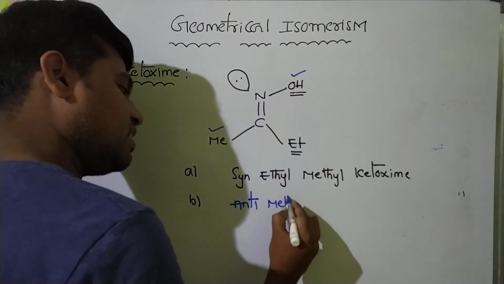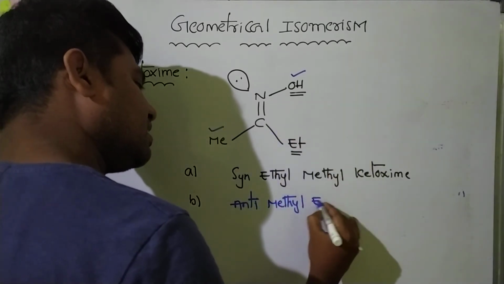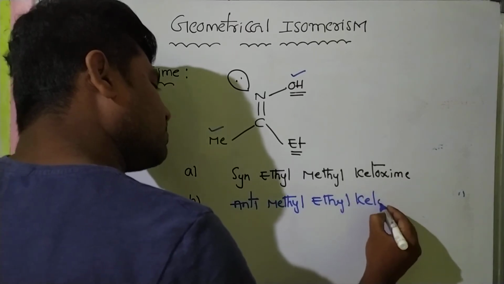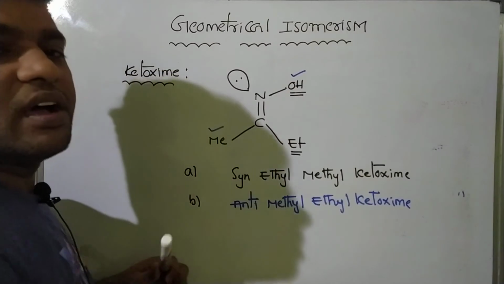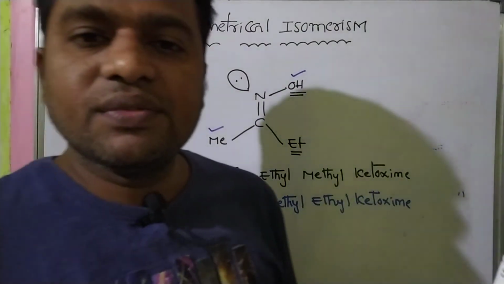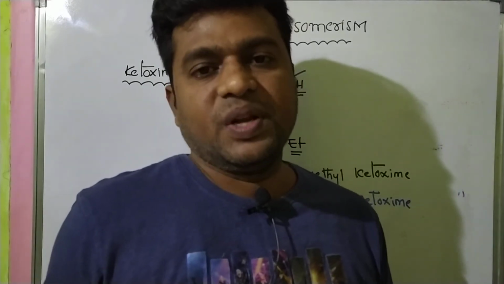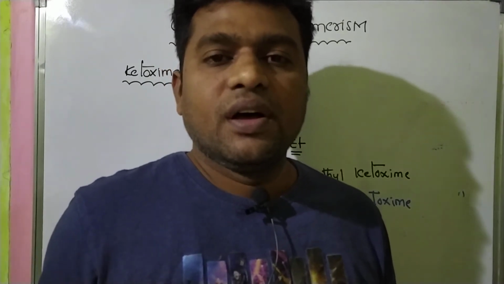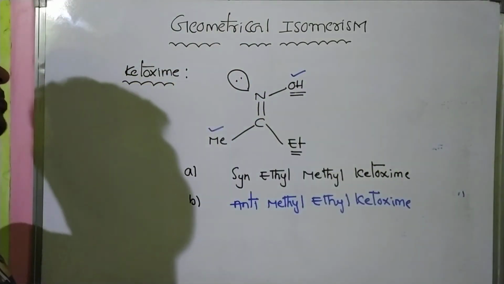Anti methyl and then ethyl ketoxime. So it is the representation of the syn anti system notation of the geometrical isomerism of oximes. Please note, students.